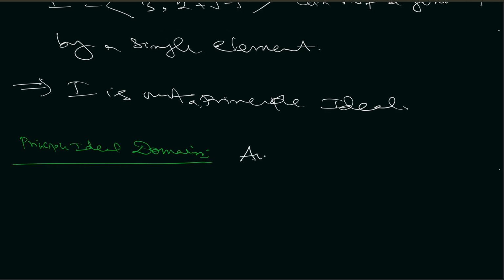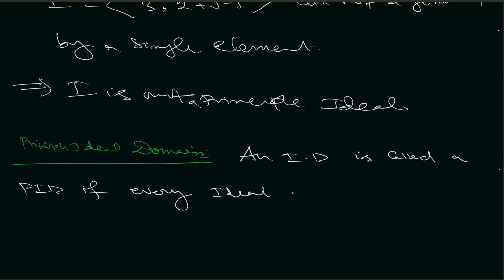An integral domain is called a principal ideal domain, or in short PID, if every ideal is principal. That means every ideal is singly generated.